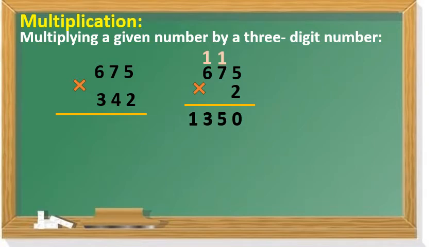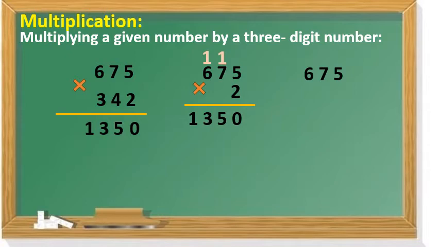Okay, this we will write in the first row below this. Please observe. While doing the multiplication we need tables properly. Correct? Now our first step is over, that is multiplication by the unit place.